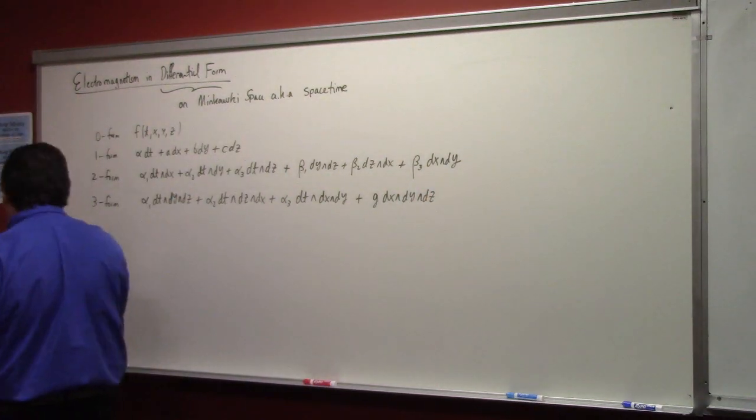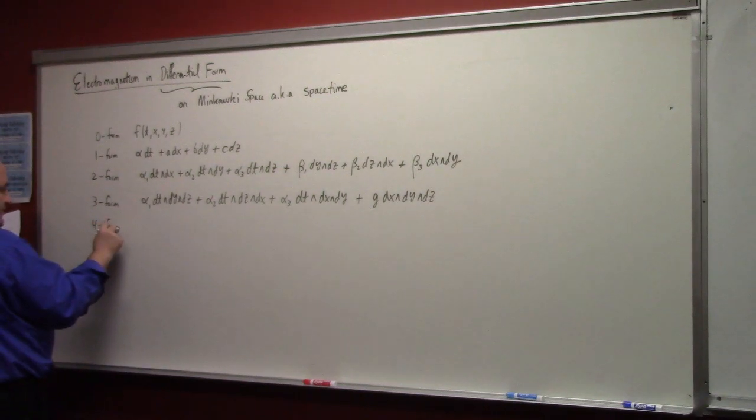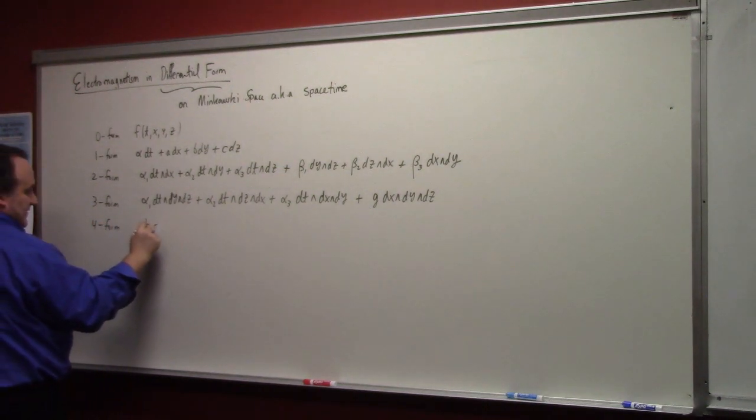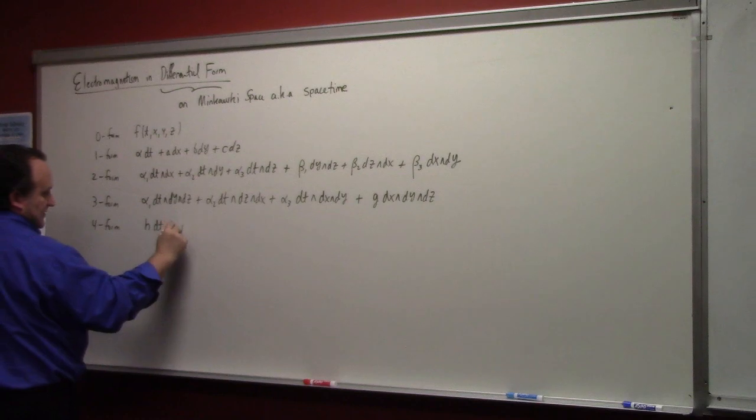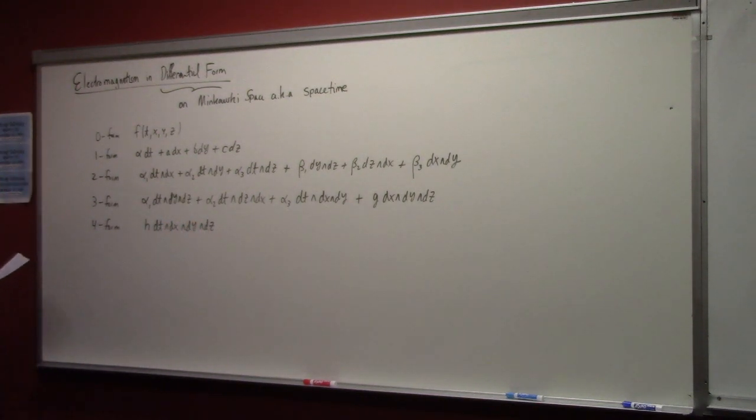It'll be a three form, and for the four forms, there's just one of those: something like h dt wedge dx wedge dy wedge dz. So there you go. This is your life if you want to talk about differential forms on R4 in spacetime.